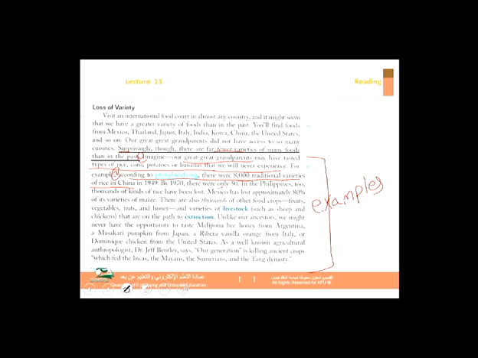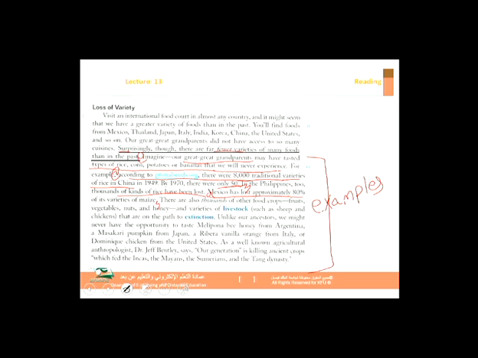Now we only have 50, so that's another example. In the Philippines too, so that's number three. Thousands of kinds of rice have been lost. That's number four. Mexico has lost approximately a large number. So that's number five.